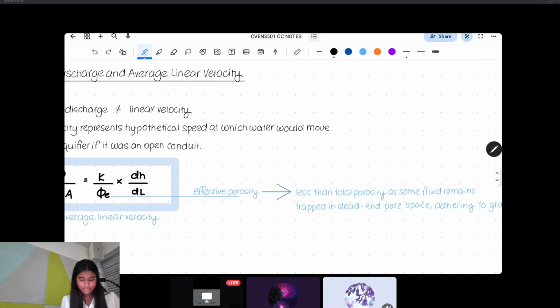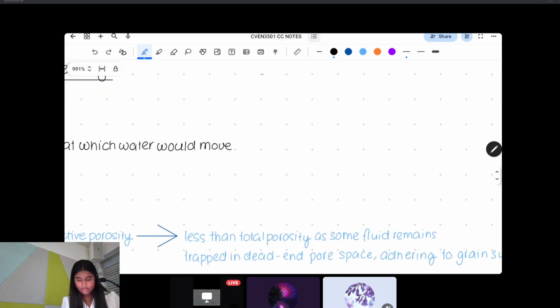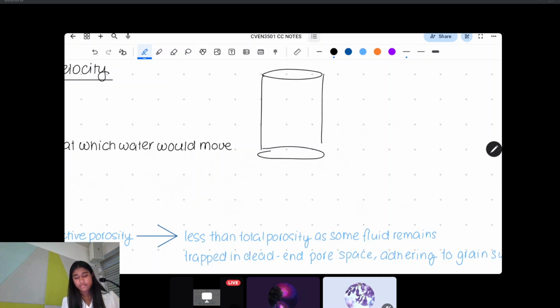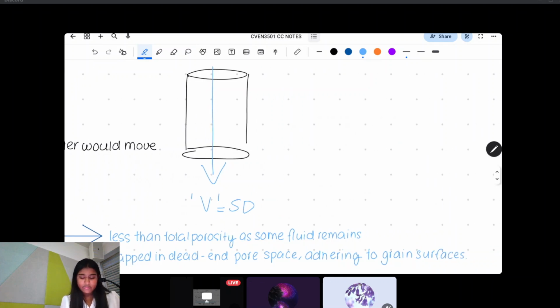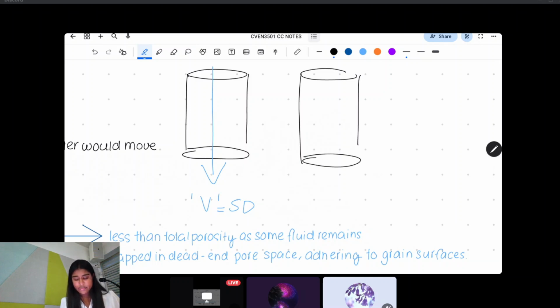So here we have an open conduit, right? And water is just flowing through it, right? This is your specific discharge. Does that make sense? Okay. The average linear velocity is the speed at which the water is flowing through a porous medium, right?